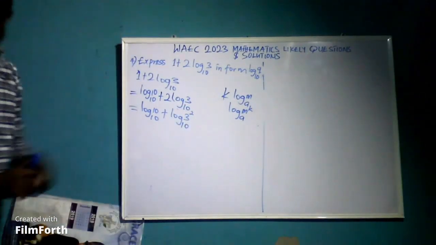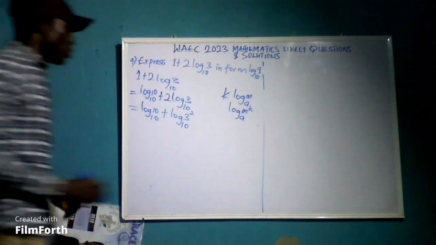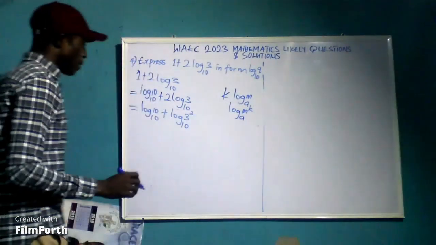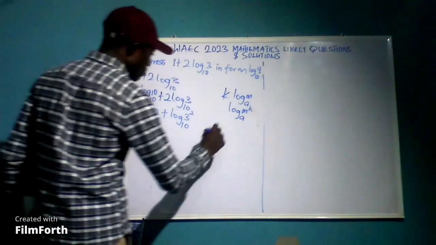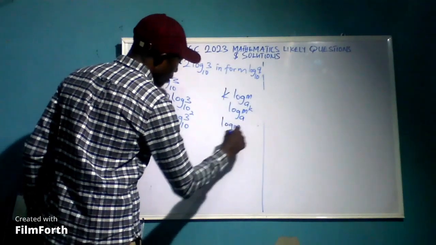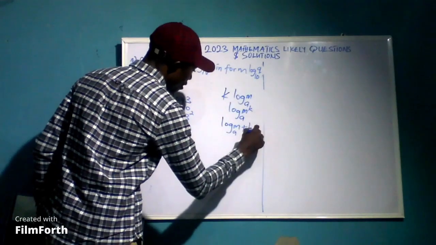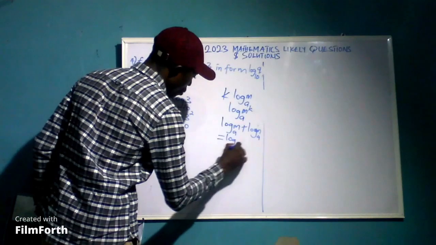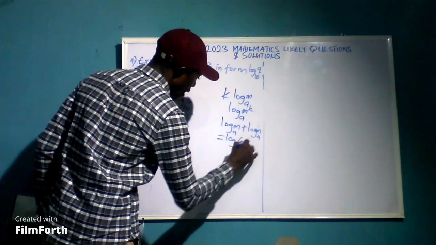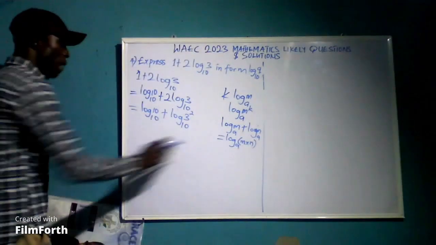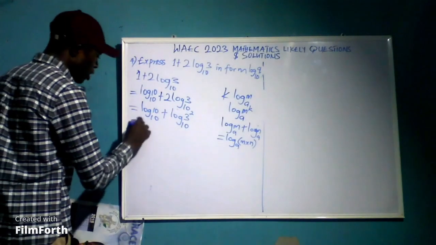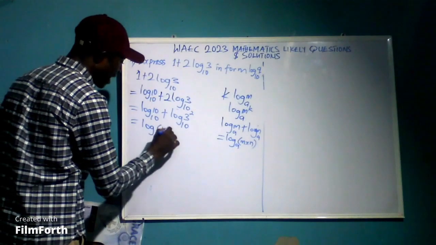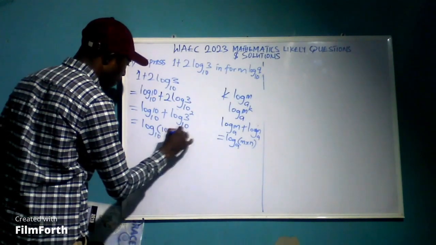Now the next thing to do after this step is to also apply the law of logarithm that has to do with sum of the logarithm of same base. Let's say if you have log m into base a plus log n into base a. This is the same thing as log into base a of the product of both m and n. Okay, and applying this here will give you log into base 10 of the product of 10 and 3 raised to power 2.